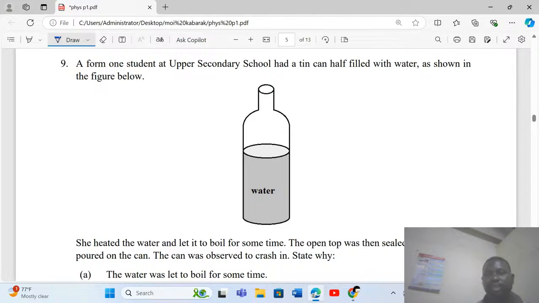Now, a Form 1 student at upper secondary school had a tin can half filled with water, as shown in the figure. Then we were told she heated the water and let it boil for some time. Then the open top was sealed and cold water was poured on the can.